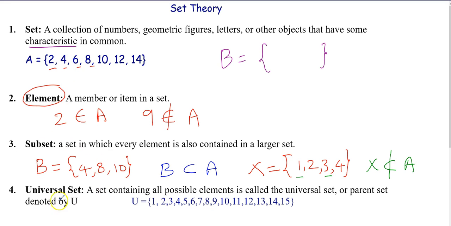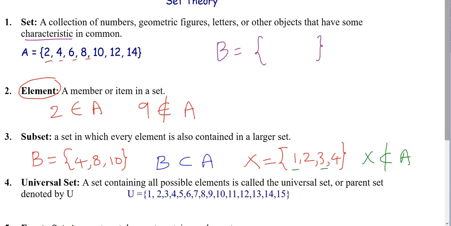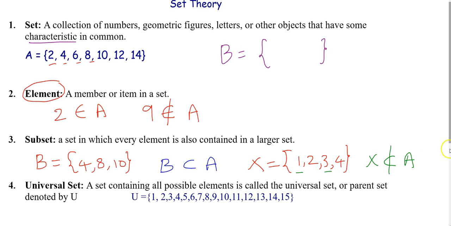Alright, good. Now the next one is the universal set. The word itself indicates that the universal set is a set containing all possible elements. So it can also be called a parent set, and we denote the universal set by a capital letter U, or in some cases they denote it by the Greek letter mu.